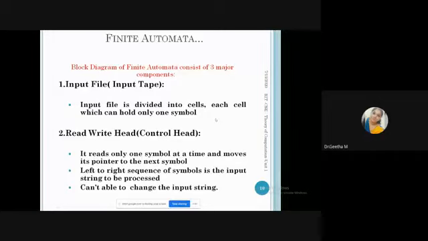Then coming to the read write head or control head, both are the same, or some pointers. It reads only one symbol at a time. This is very important. It reads only one symbol at a time and moves its pointer to the next symbol. Then only we will get the next symbol to be processed. So this is a pointer which points to the symbol to be processed next.